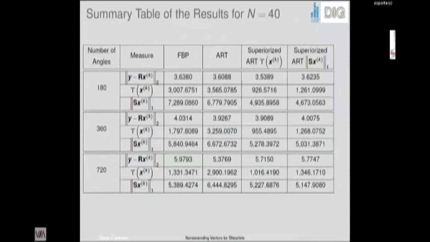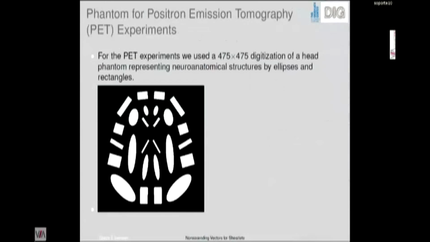Now in the positron emission tomography application, the story is quite different. These features here are not tumors. They correspond to physiological parts of the brain. All these things have Latin names. And the question is, in positron emission tomography, you inject into the body some radiopharmaceutical which will accumulate in some part of the brain if there is some dysfunction there.